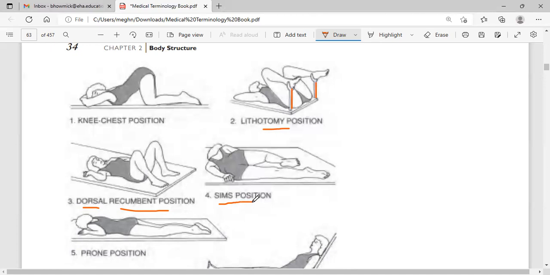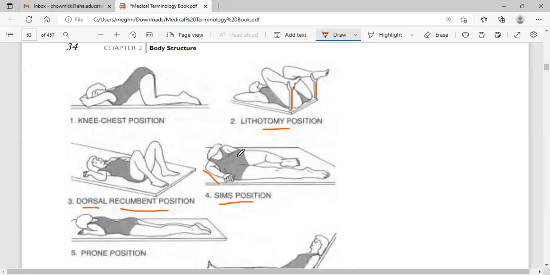And this is the position called Sims position. The patient is assisted into the side-lying position on the left side. And the left arm is placed behind the body. And also the right arm is moved forward and flexed at the elbow.